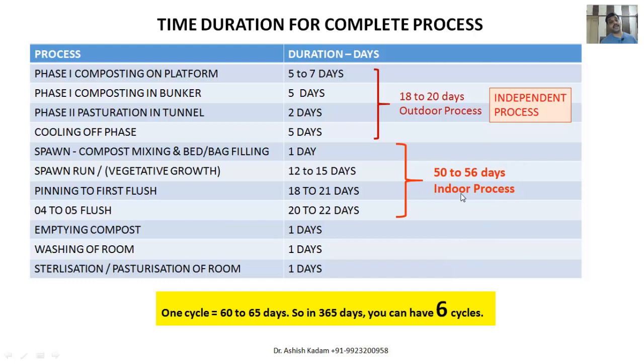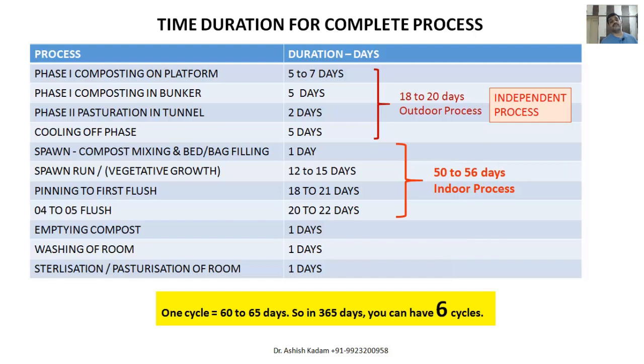I'm not saying it is possible, but you may have another 1 cycle of production. So instead of 6, you can even go for 7 cycles, but this will come after hard planning. After that we require around 1 day for emptying the compost.